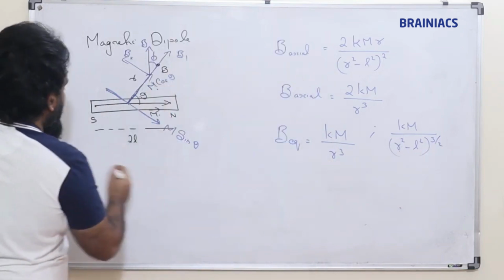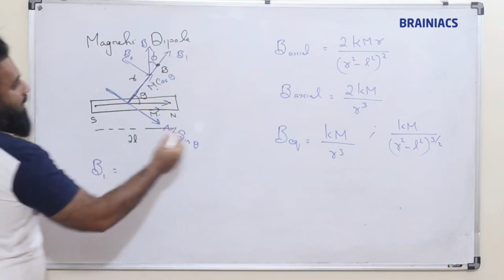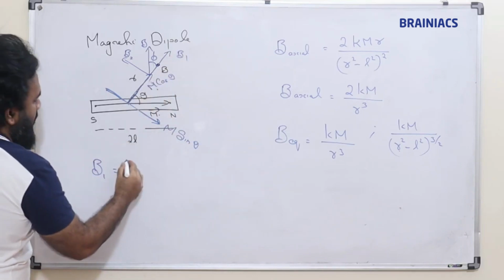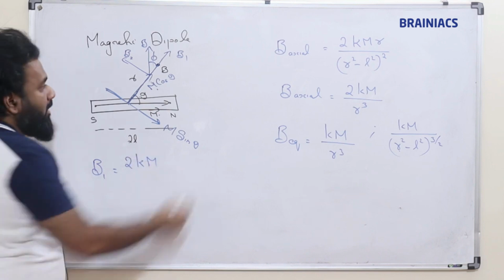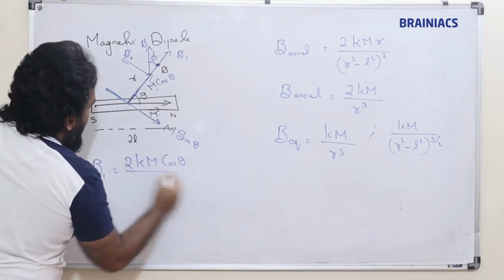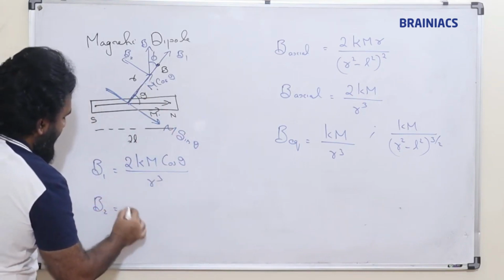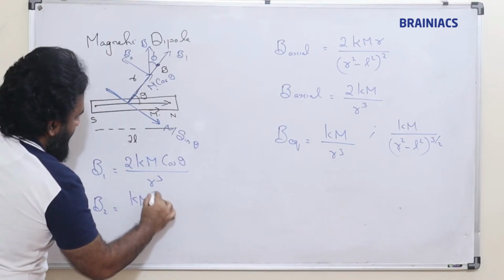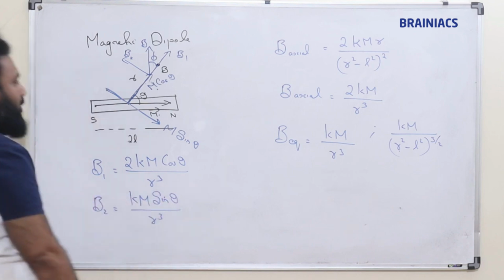Now, what will be B1 in this case? B1 will be axial, so 2km, instead of simply m we can say m cos theta, divided by R cube, and B2 will be km sin theta divided by R cube.